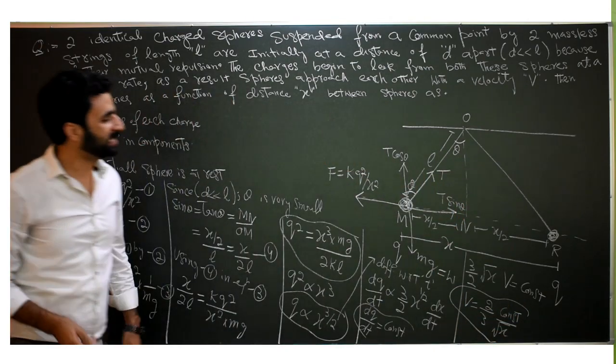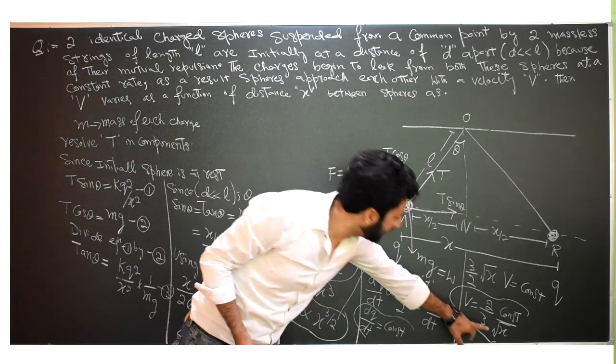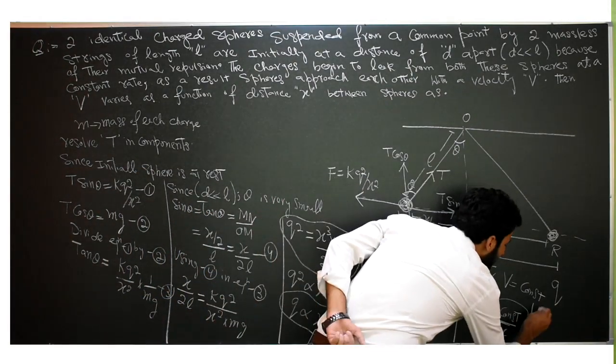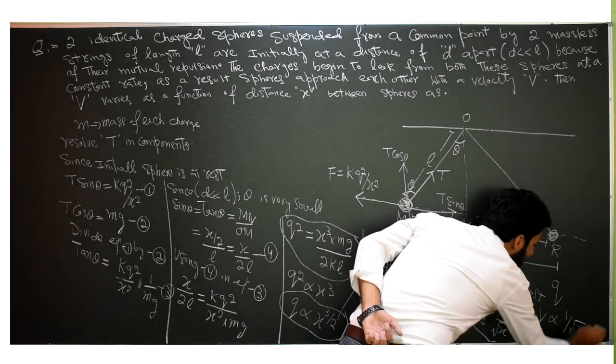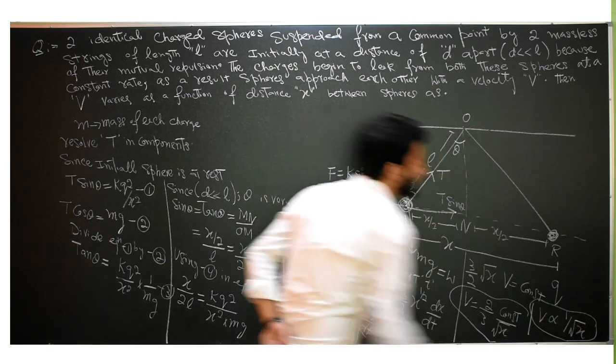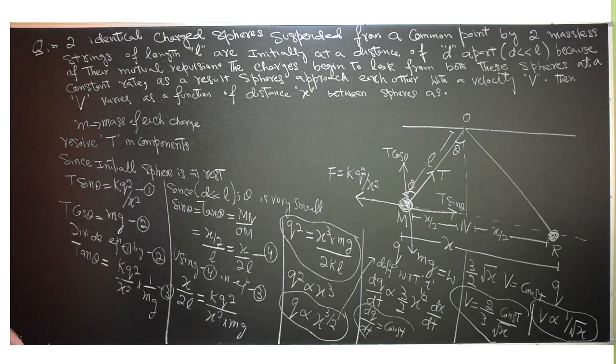From this equation, what we can conclude is the relation between v and x, which is that v is inversely proportional to root x. This was the thing we were supposed to calculate.